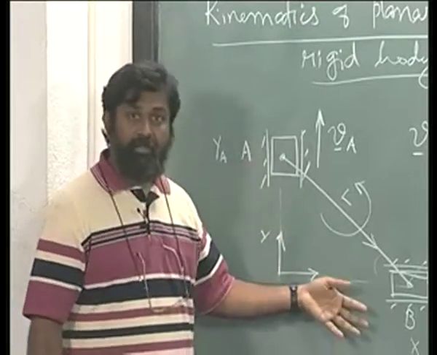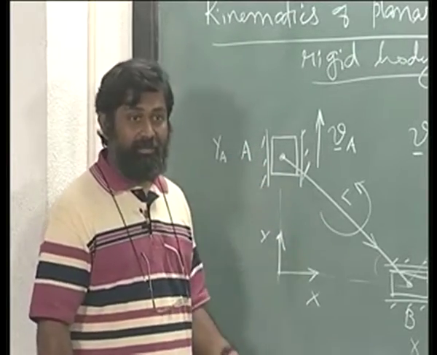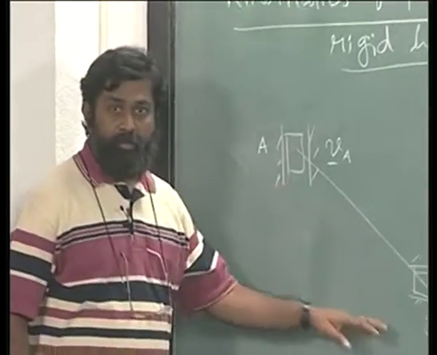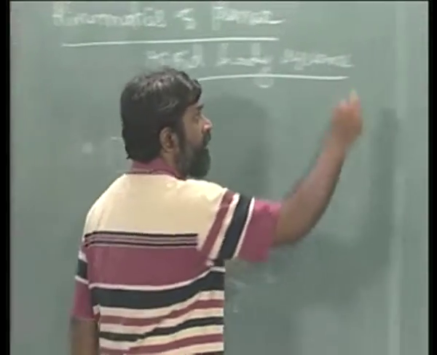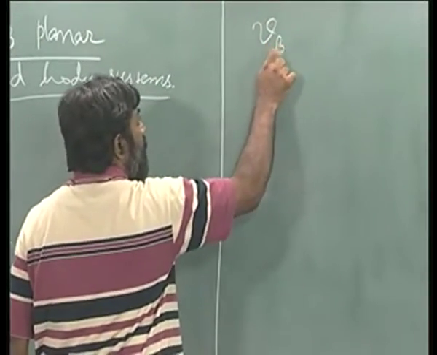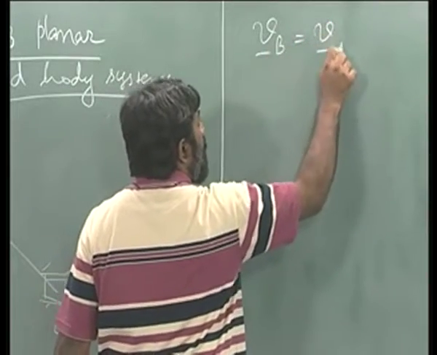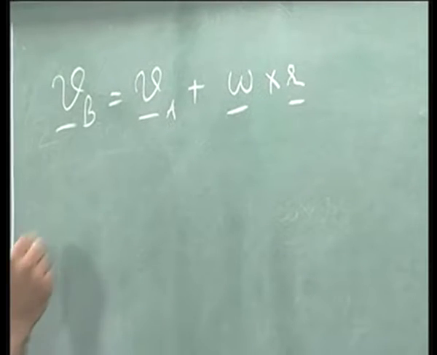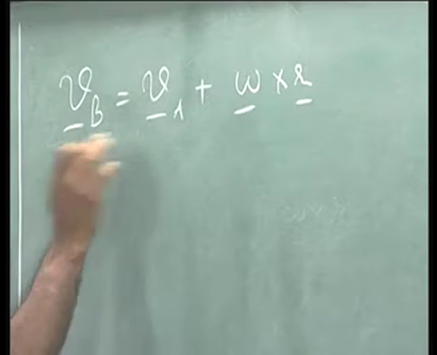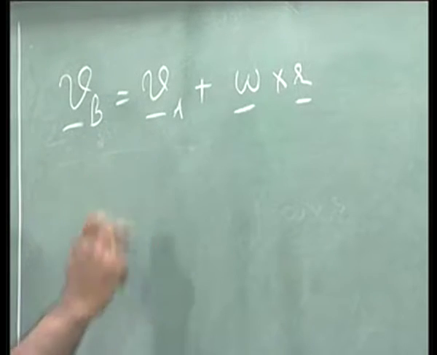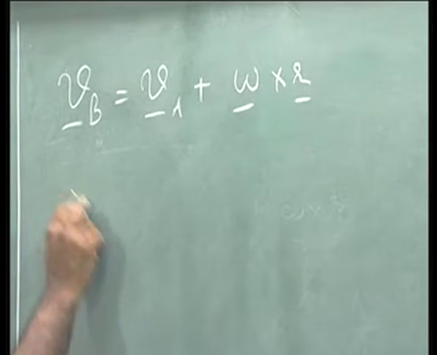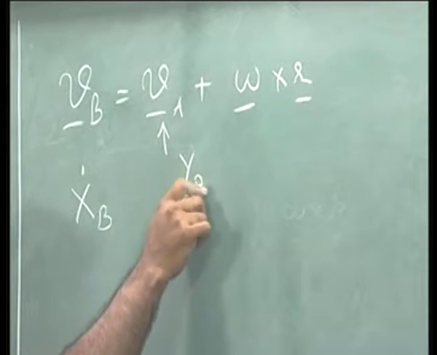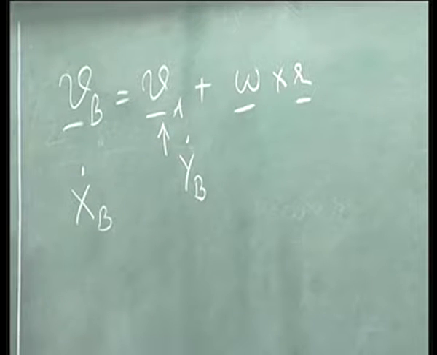I am just showing this because in general it is easier to solve it in this particular way. Now, we looked at this particular problem in two different ways. One was writing it as Vb equals Va plus omega cross r. The other one is looking at this, since the Vb direction is known and the Va direction is known, this is nothing but xb dot and this is nothing but ya dot. I am looking at only magnitudes, okay.